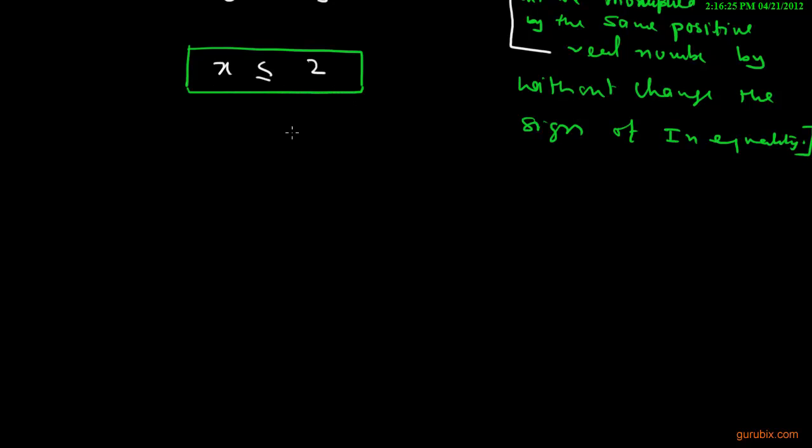And this is the solution of the given inequality, and we can represent it by using a number line. Suppose this is a number line and we have a point 2 on it, and because x is less than 2, all the points on this number line down to negative infinity are the solution.